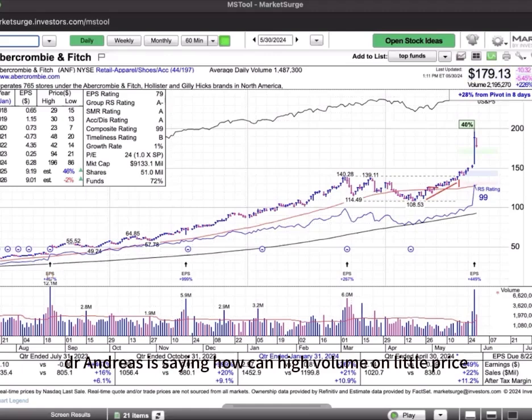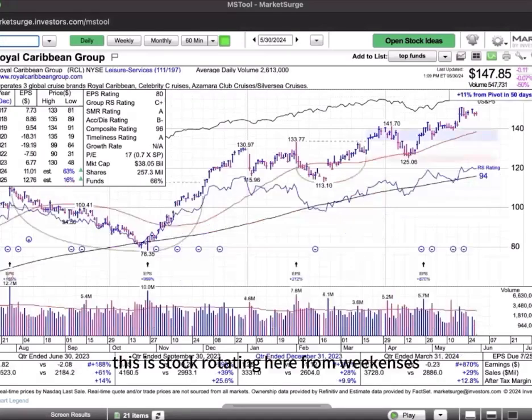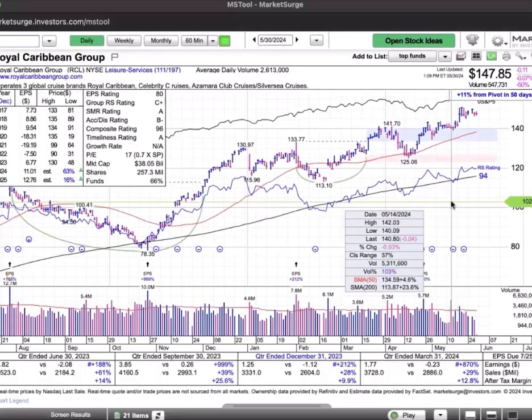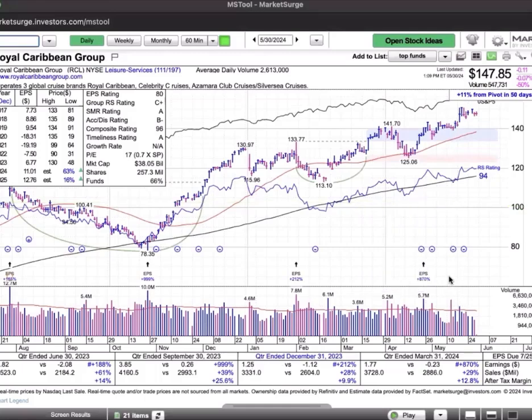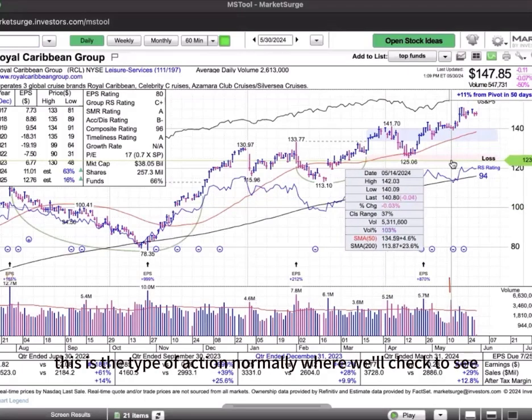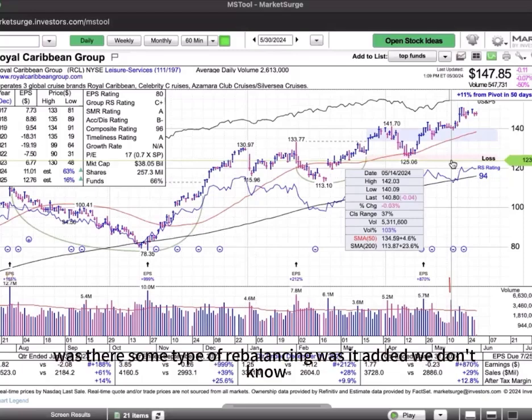Dr. Andreas is saying, how can high volume on little price action of RCL on the 14th be interpreted? Is the stock rotating here from weak hands to strong, or institutions selling on high volume? The 14th, right here. Well, this is the type of action normally where we'll check to see, was there some type of rebalancing?